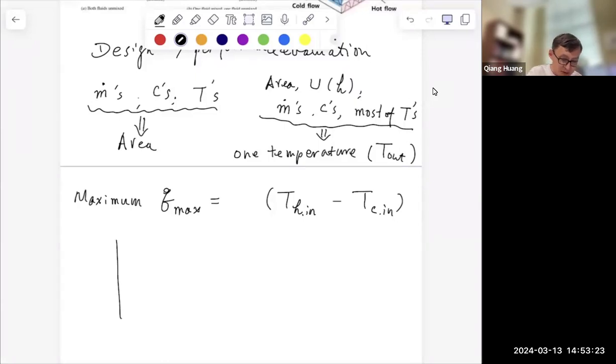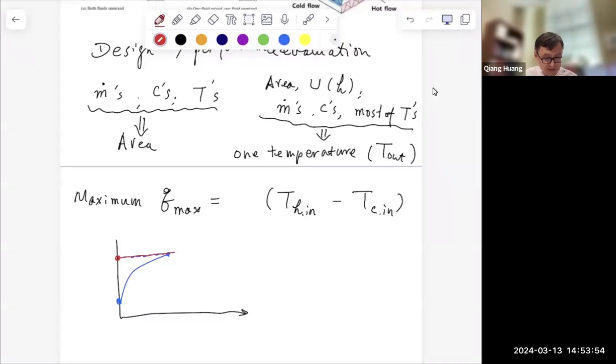I'm just using this diagram to show you. Let's say the cold and hot. The maximum situation will be if the cold fluid eventually reaches the hot inlet temperature, then no more heat transfer can happen, even if your hot one doesn't change.